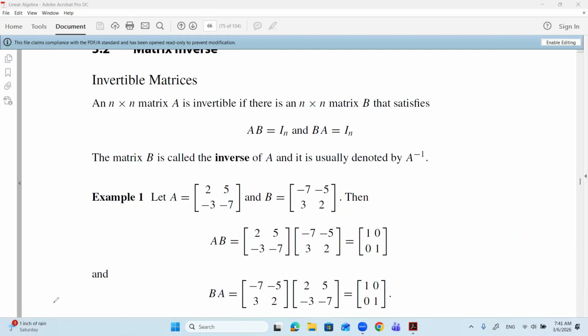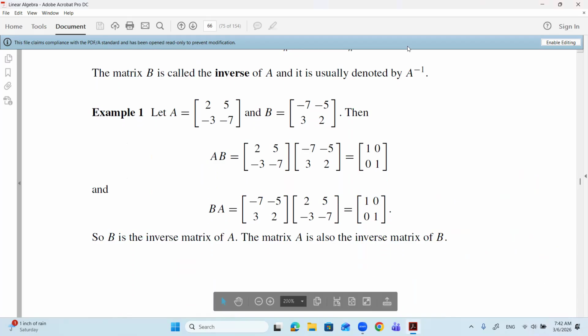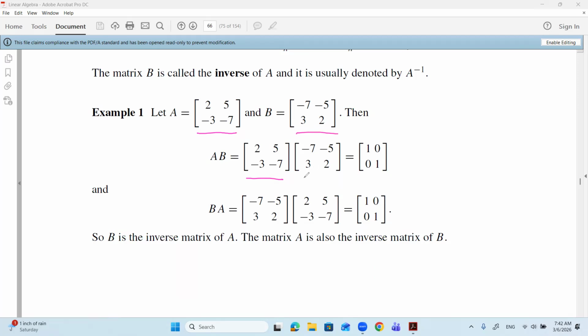So here's the specific calculation. I know you can calculate the product of two matrices. A times B, you put A here, you put B there, in this order.